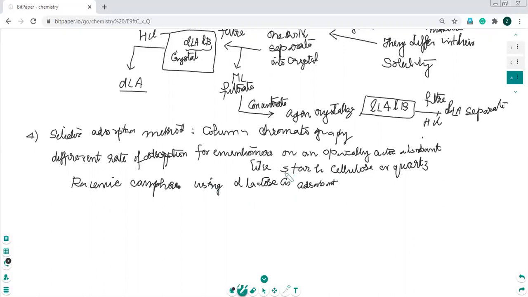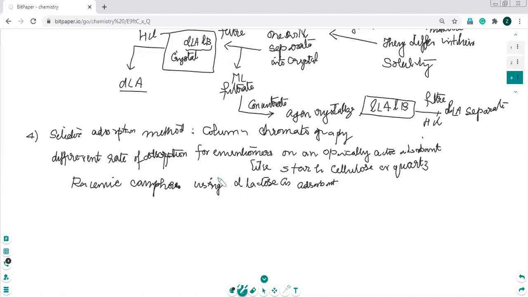Okay, so these are the different methods of resolution. So we have covered 4 methods: mechanical separation, biochemical separation, chemical method, and selective adsorption method.